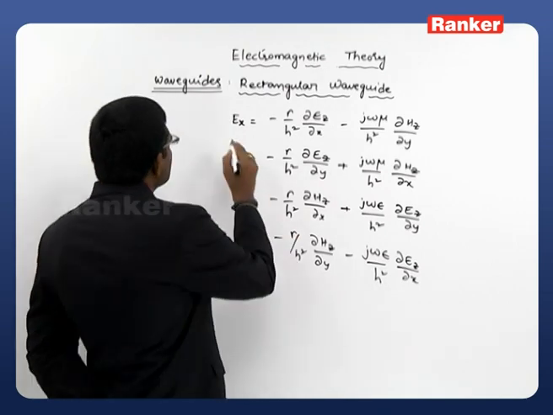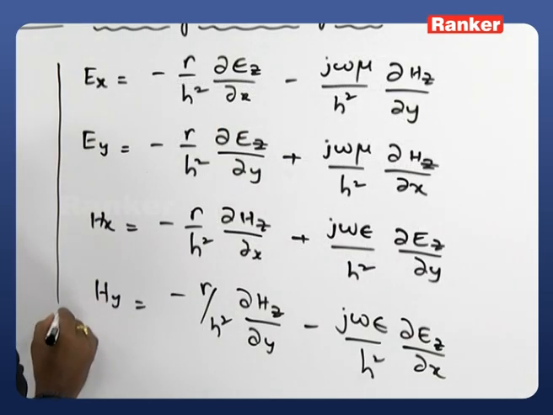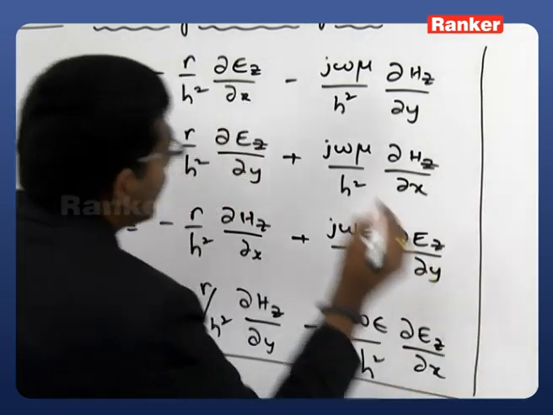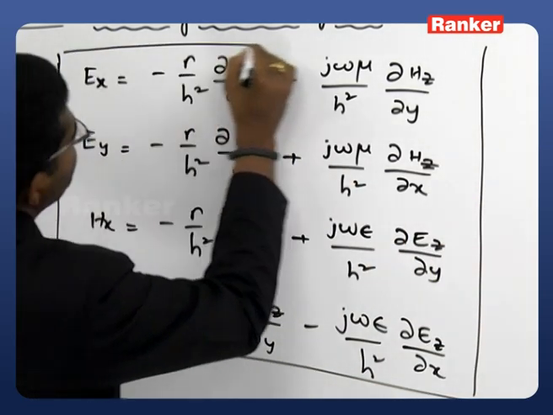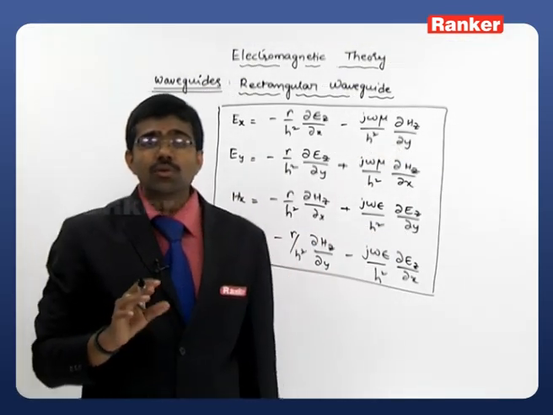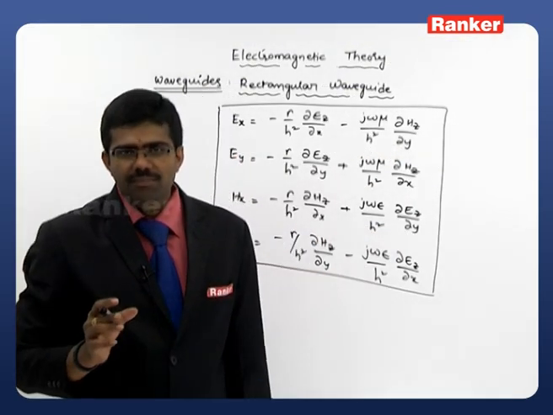These four equations are very important, and you are supposed to remember them for the entire analysis of our rectangular waveguides. These four equations will give you all the remaining field components.